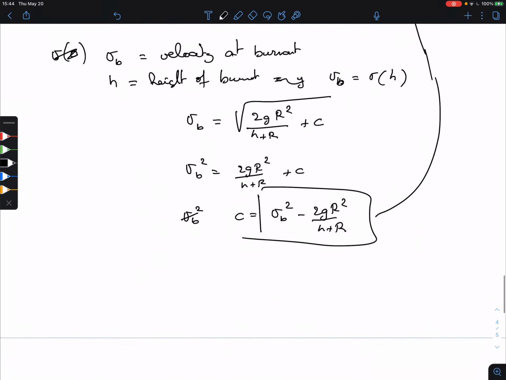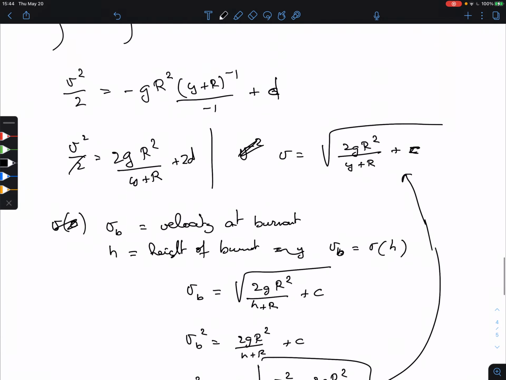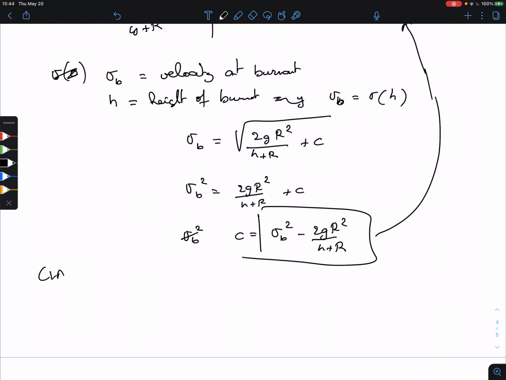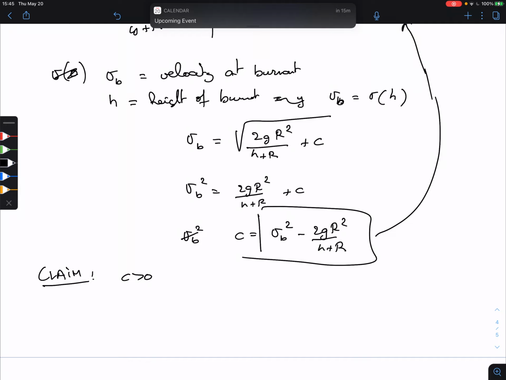Now what I claim is this. Again, I'm not going to go into the details of it. If c is positive, then we will escape. In other words, if the square of the burnout velocity is bigger than or equal to 2gr squared over h plus r, then Vb allows us to escape.